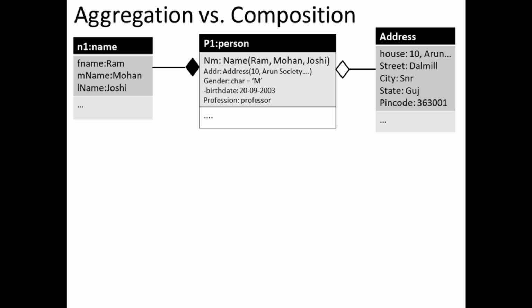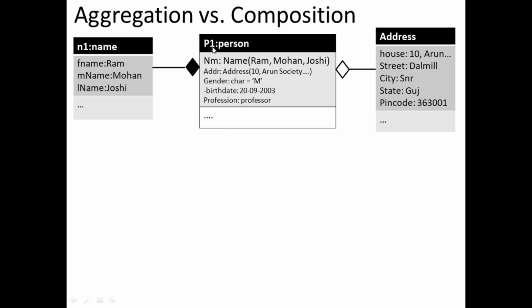So here you can see person P1 object related to person class. Same way there is address object related to address class. Same way N1 object is there related to name class.